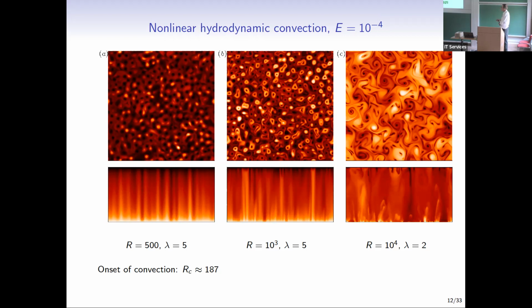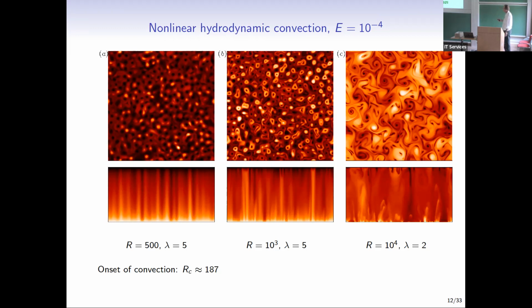If you're fairly close to onset, of course, then the cell size is really governed by E to the minus one third. As you move away, increasing the Rayleigh number, this is the modified Rayleigh number, you become less rotationally constrained, even though you are always rotationally constrained in this problem because I've thrown away inertia.